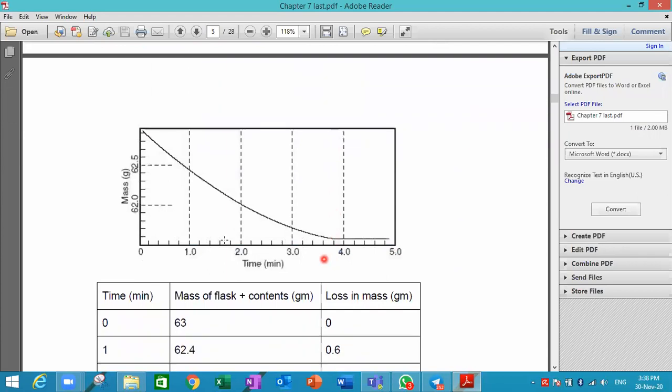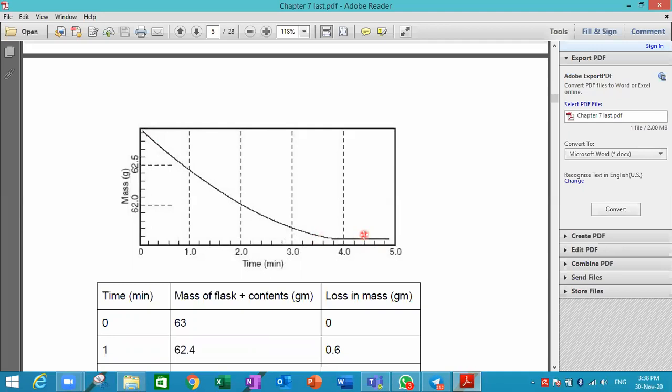So if we draw a plot between the mass of the container and time, you will see that at the beginning, the mass of the container was something, for example, about 63. And then with time, as carbon dioxide escapes from the container, the mass of the container decreases until we reach a mass that will not change.